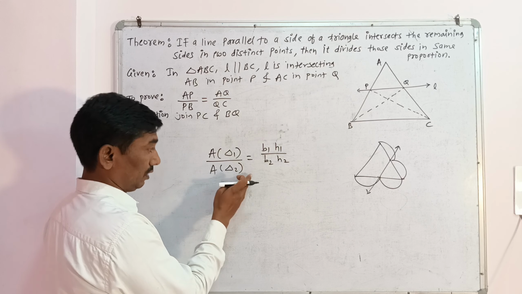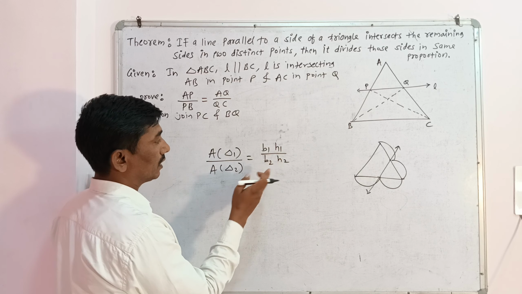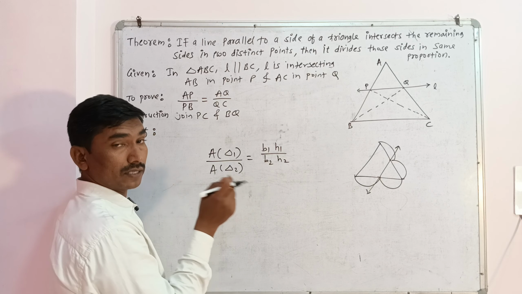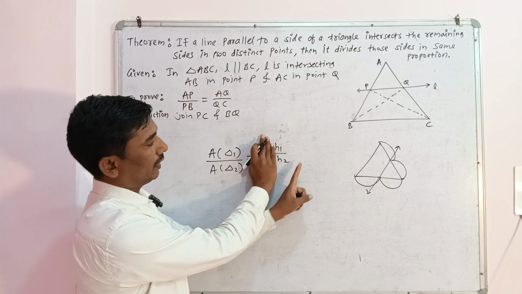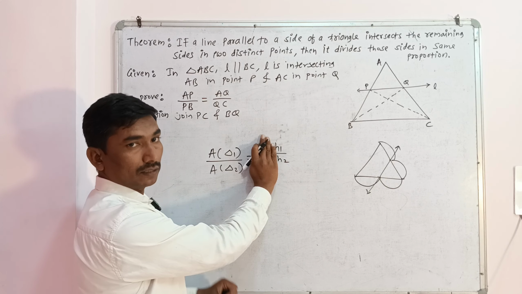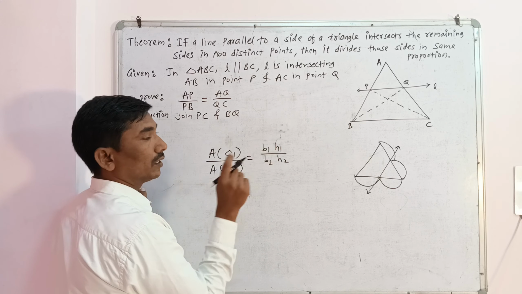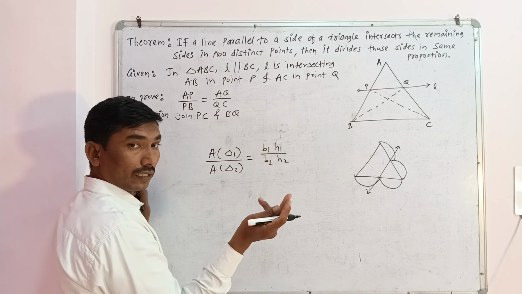So if this was one of the cases, then there was another case: if the triangles have the same base, then the base will get cancelled and the ratio of areas of two triangles will be the ratio of their respective heights only. Another case was if the triangles have the same heights, then heights will get cancelled, so the ratio of areas of two triangles will be only the ratio of their bases.